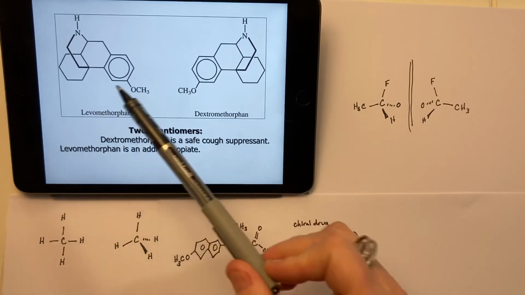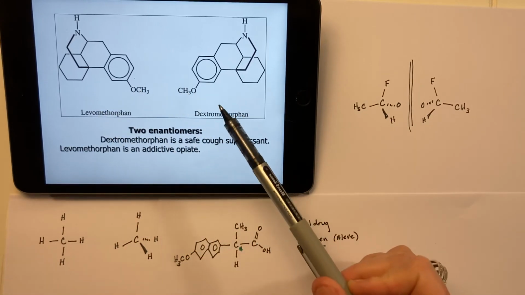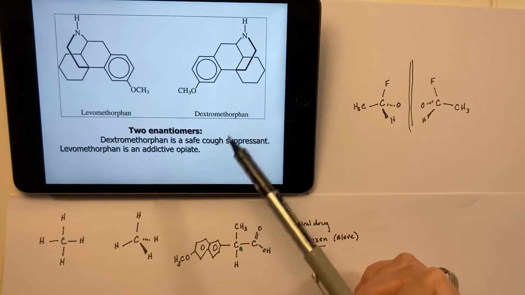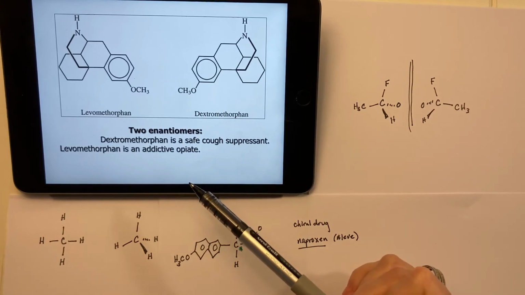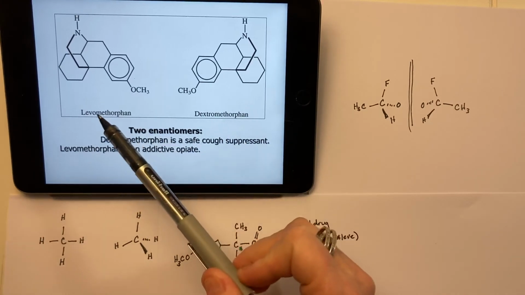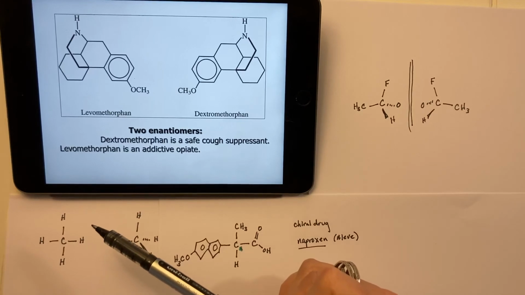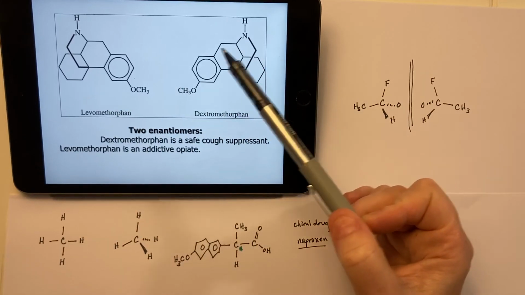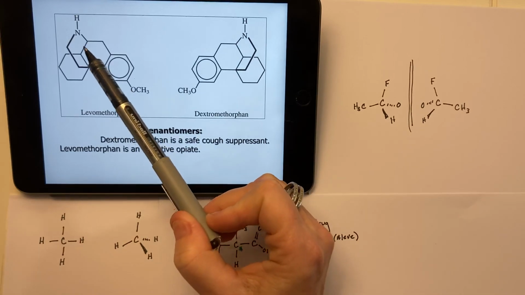So you would not want a racemic mixture if you're going to give this stuff to a kid as a cough suppressant. A few years ago, one brand was taken off the market because it had some of this enantiomer in there. So just a subtle difference. And where's the chiral carbon? Here's one. And here it is over here.